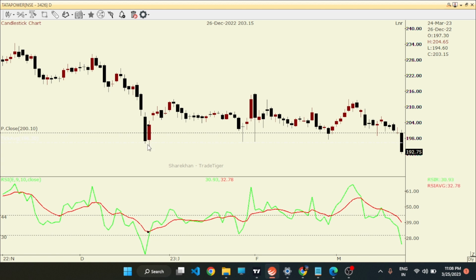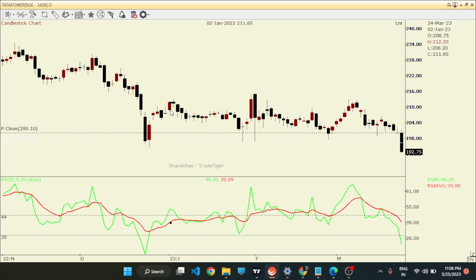This has a small wick here, so I'm taking the body low, 197. So 5 points SL, 10 points will be the target, 213 will be the target.